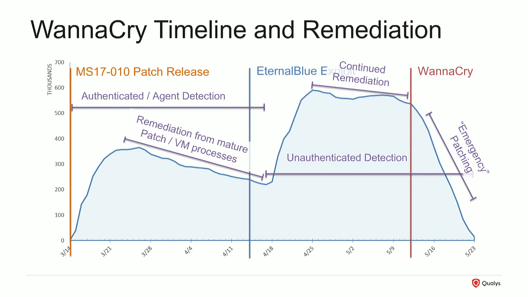Now, as you can see, there were some times where people got notified about the danger, about the threat, and they got some time to scan their environment and do something about it. But most organizations didn't react until it was really too late, until they saw an immediate, very big danger, and that's when they started doing emergency patching.